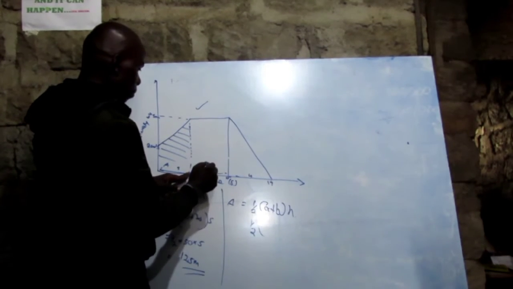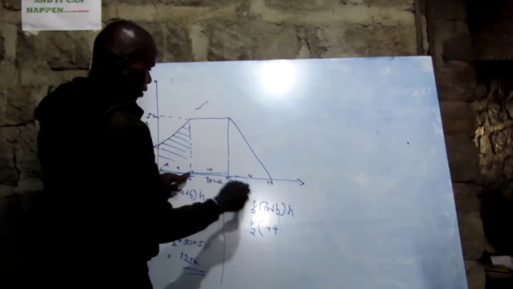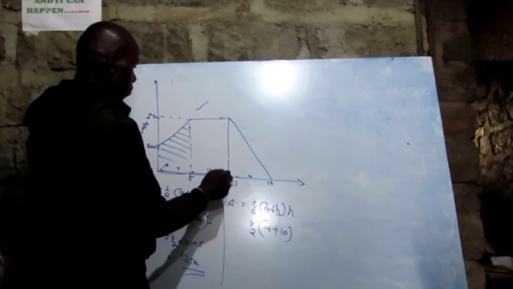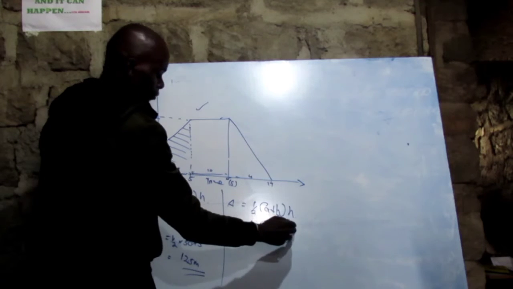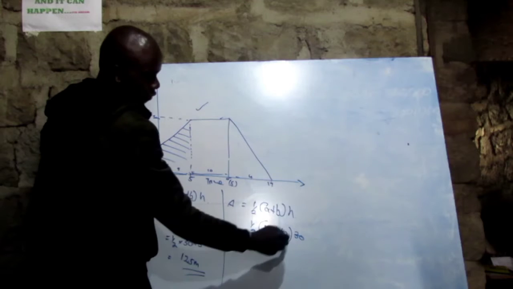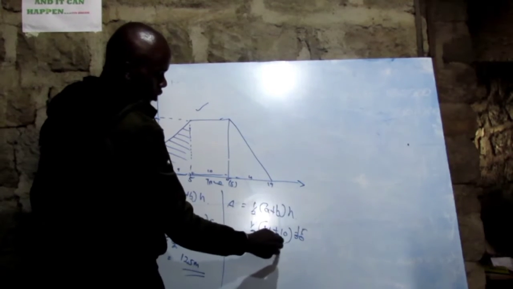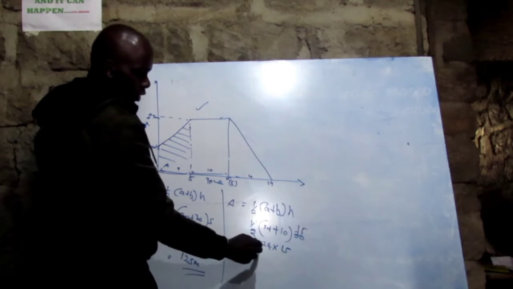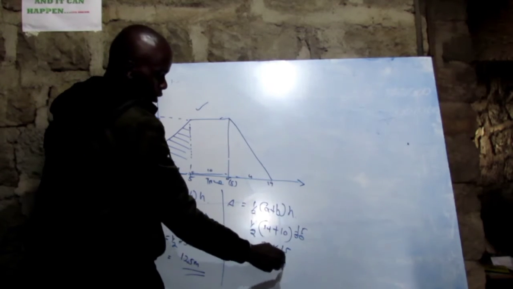From here to here will be how much? 14. 14 plus from here to here is 10. Into height. The height will be 30. So this goes once. How much? 15. 4 times 15. 360 meters.